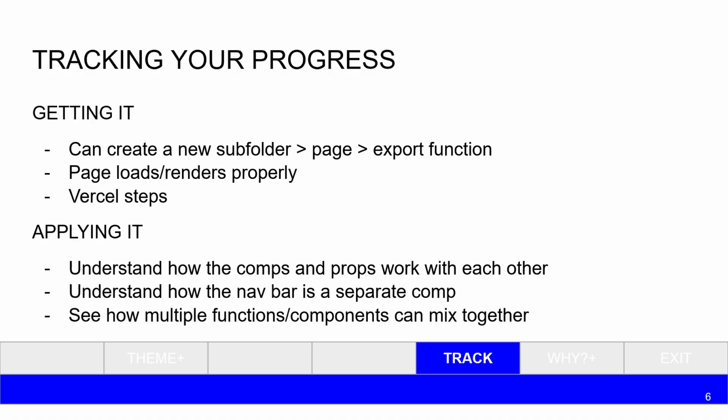You can start applying what I'm teaching you this week with comps and props because you can see how they work together. You can see how components are buckets that contain properties. They have the required props in order to be working. You can also understand how the nav bar is an entirely separate component with its own properties. And you can start to see how these multiple functions and components will start to mix together. Why are we doing this?